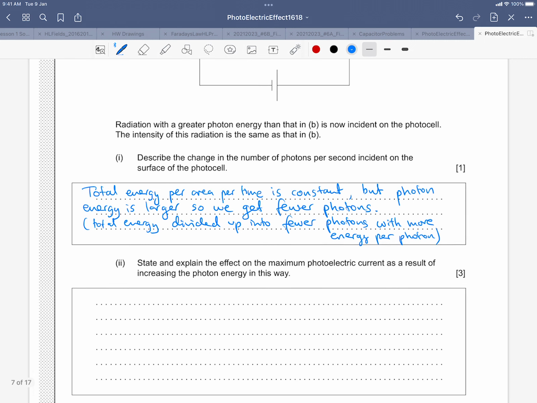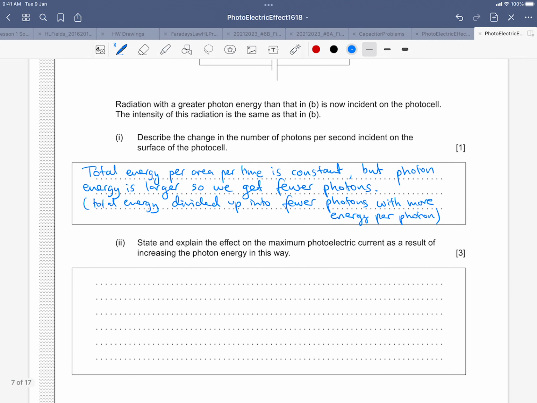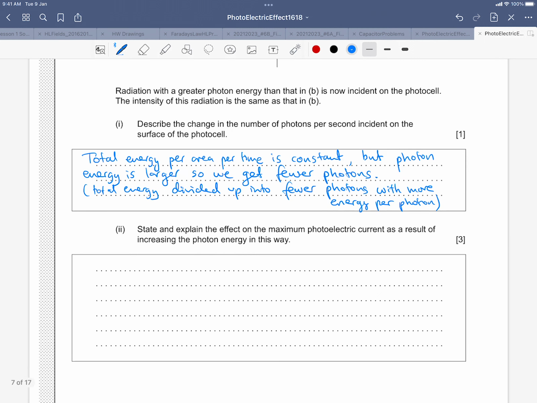Okay. So if I get fewer photons, I will get fewer electrons, because each photon knocks out one electron, which contributes to the current. But if I have fewer photons, we get fewer electrons. So each photon releases one electron.